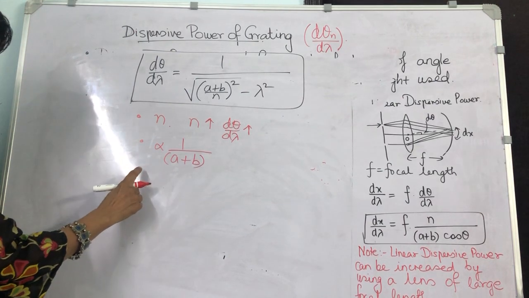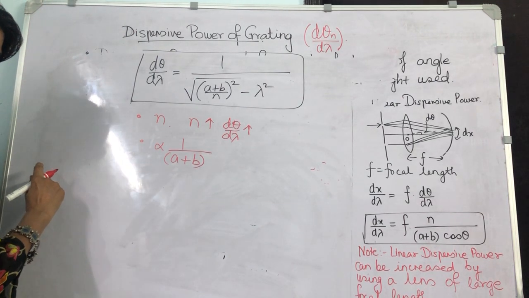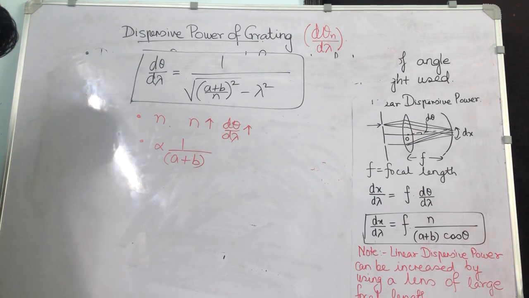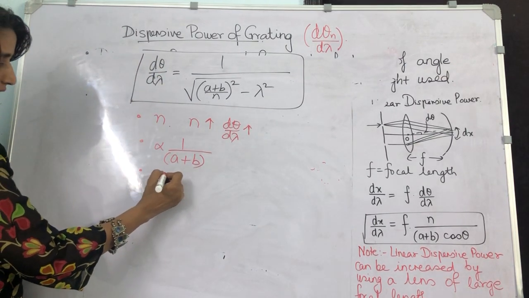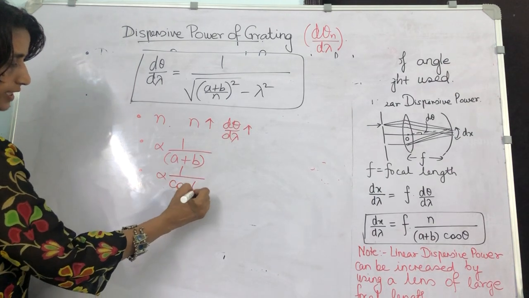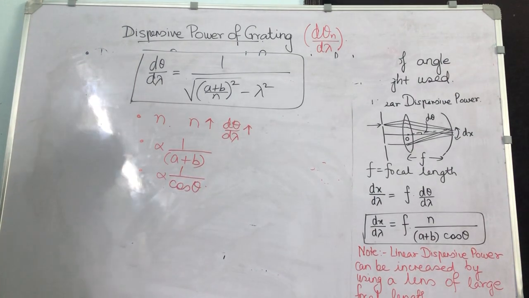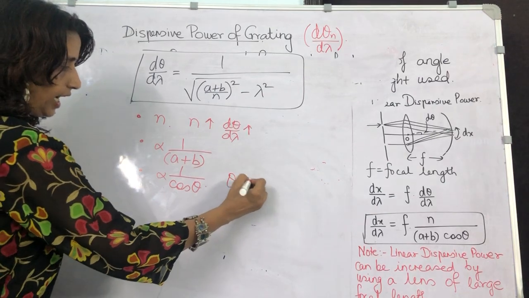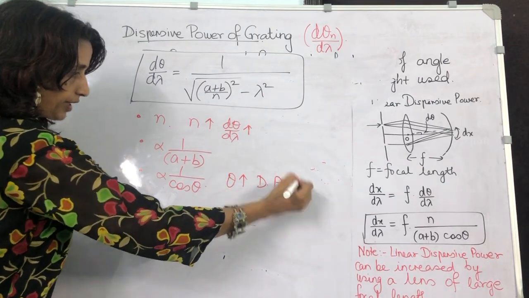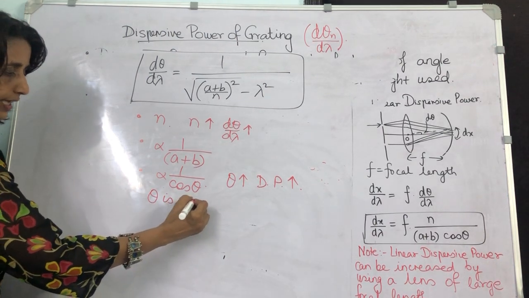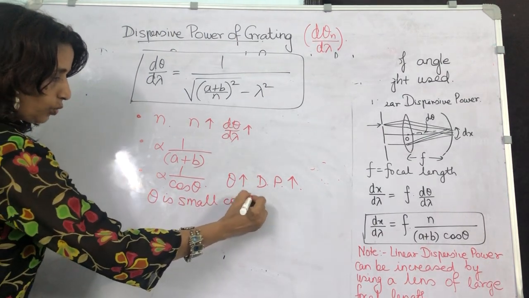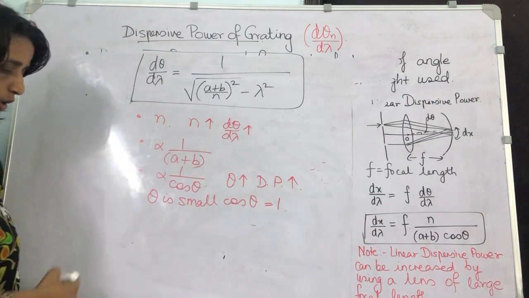Next, larger the value of theta, higher is the dispersive power, because dispersive power depends inversely upon cos theta. What does this mean? If theta is small, then cos theta is equal to 1.